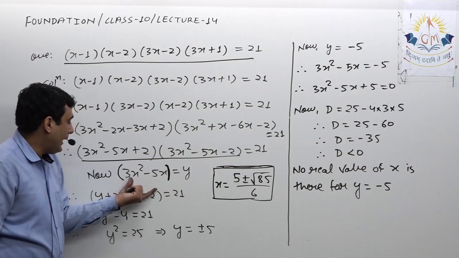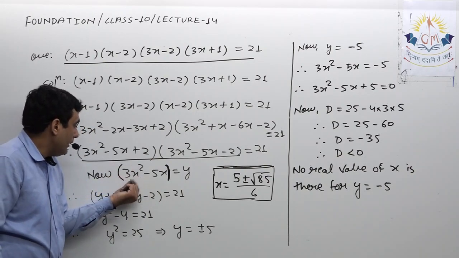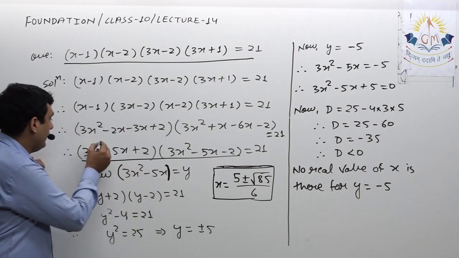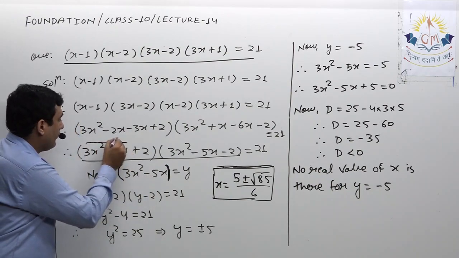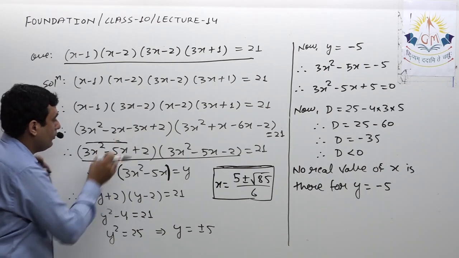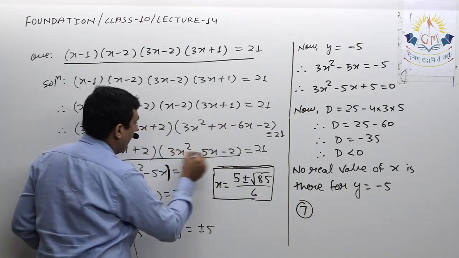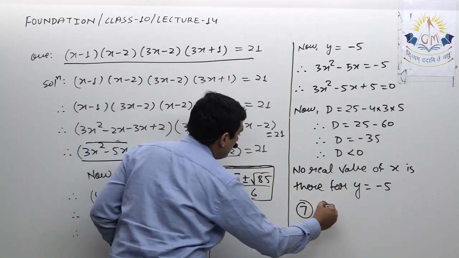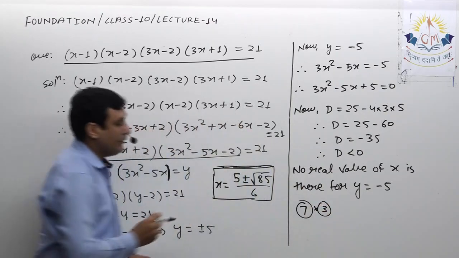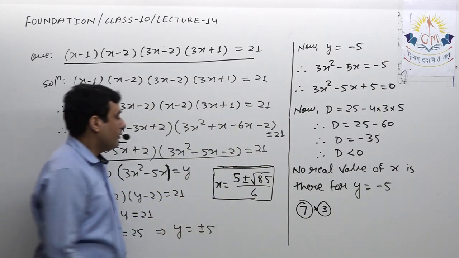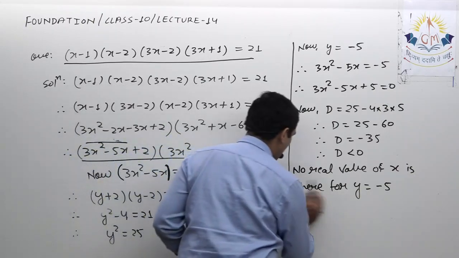so simply I will put 3x square minus 5x equal to 5 over here. So if I put this value as 5, here I'll get 5 plus 2, that is 7, isn't it? Then 5 minus 2, that is 3, and their multiplication is 21. So that value of x is the solution of the given equation.